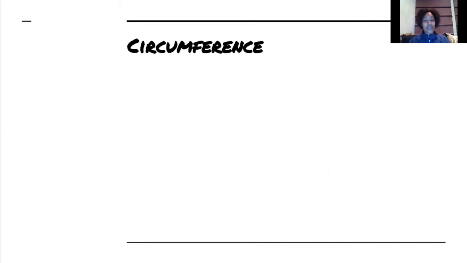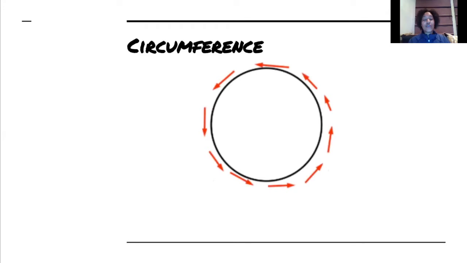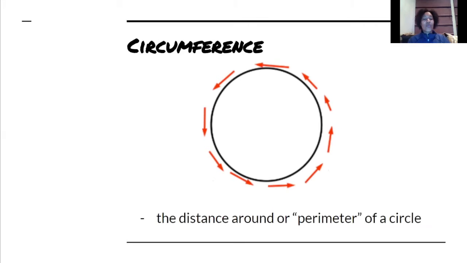Our next vocabulary term, circumference. If you notice on the circle, you'll see that there are red arrows and they're moving in a circular direction. They're actually outlining the exterior of the circle, which is its circumference. We have the definition: the distance around, or the perimeter, of a circle.